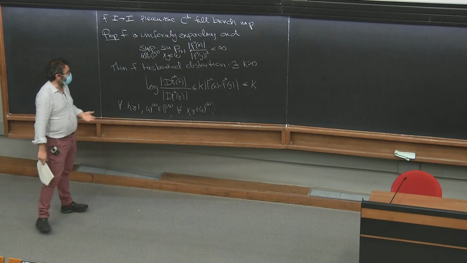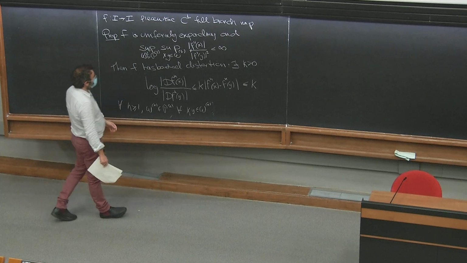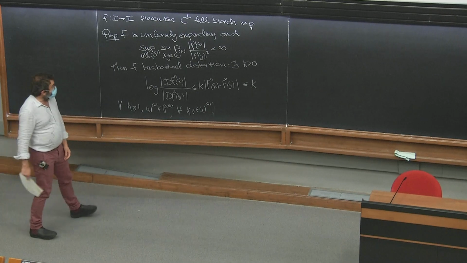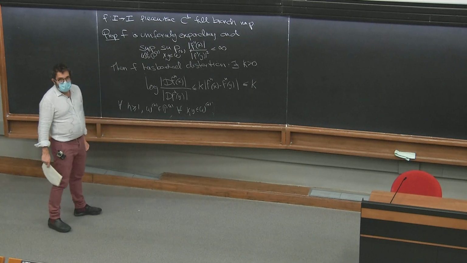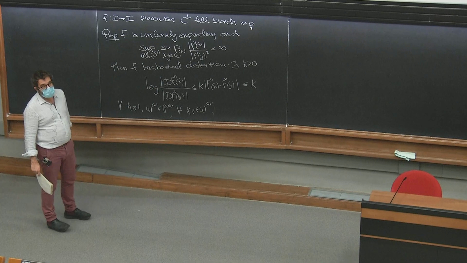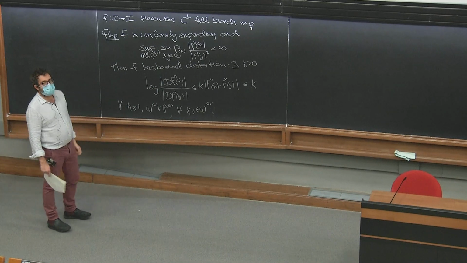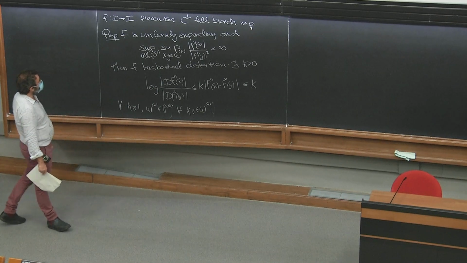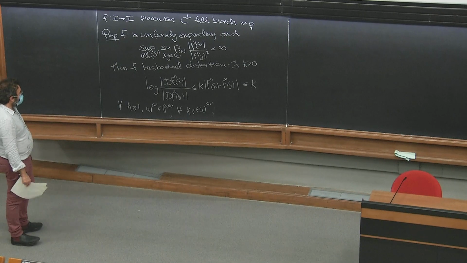This is really non-trivial. So it is also non-trivial to show that this implies this, okay? As we shall see, it's not a complicated calculation, but that's what I want to do first today.